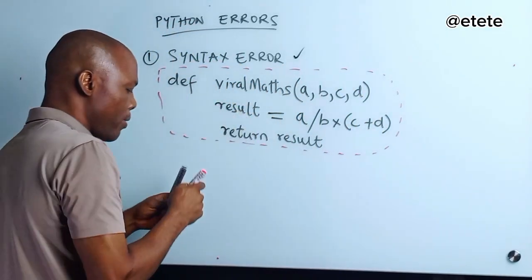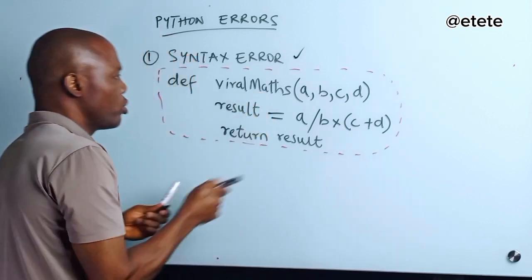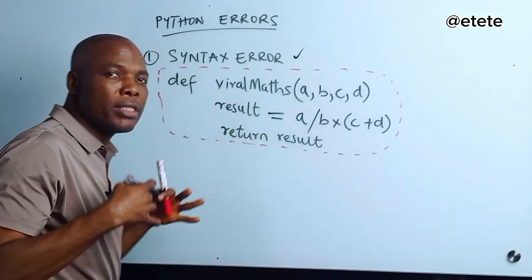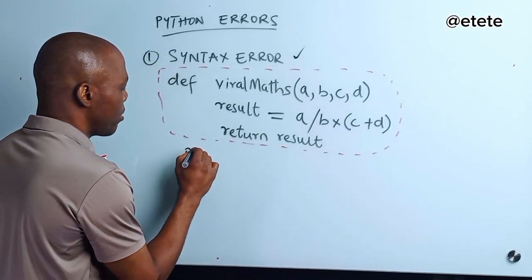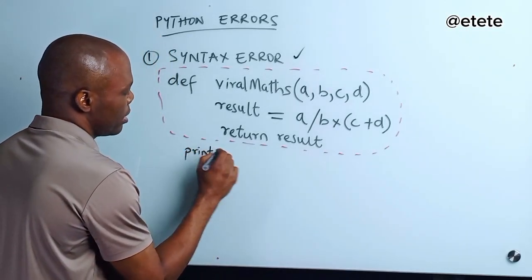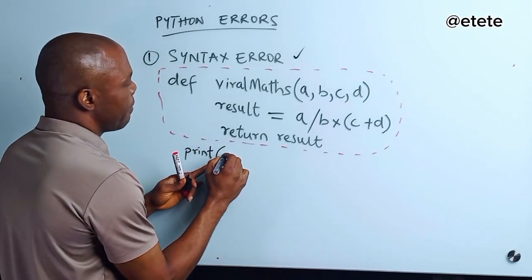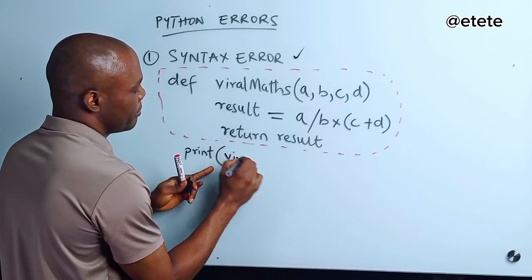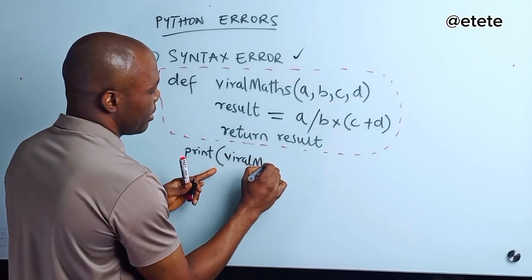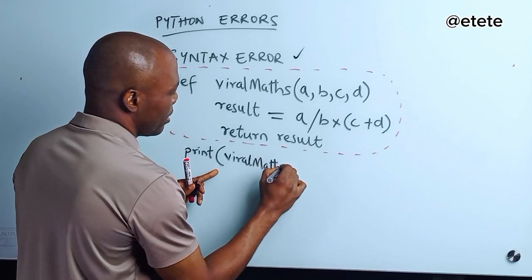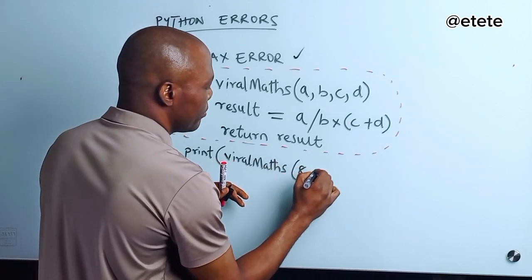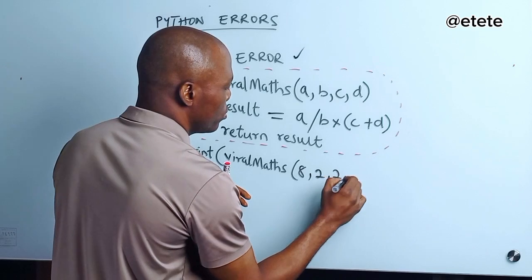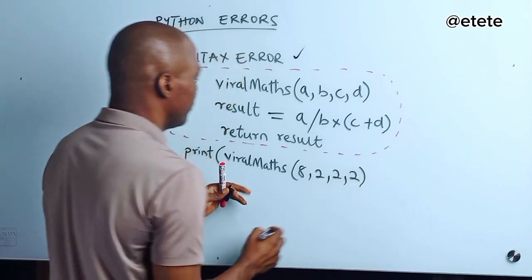Now, looking at this, I want to call this function. In calling this function, I want the output to be printed out on the screen. So I will say print. I will call my print function, and then I will call this viral math. Then I will supply the values to it, which is 8, 2, 2, and 2, right?